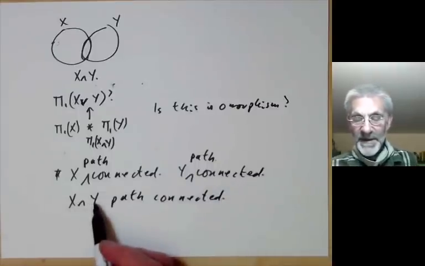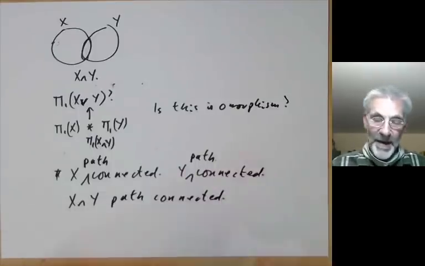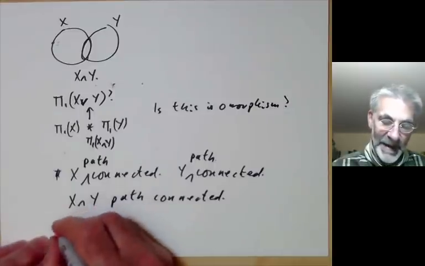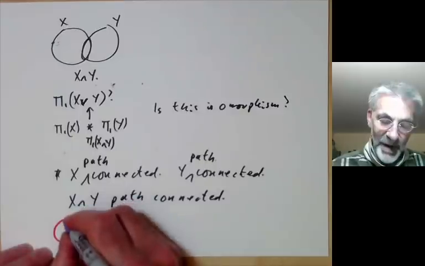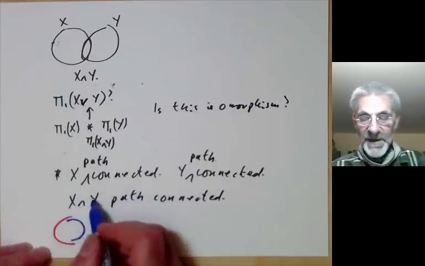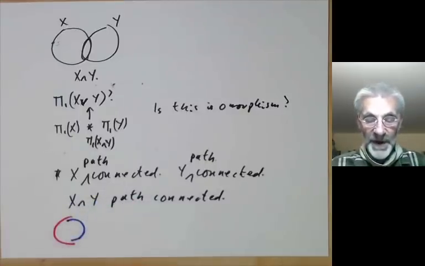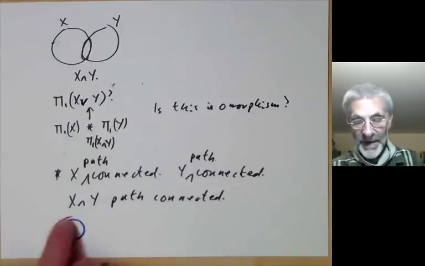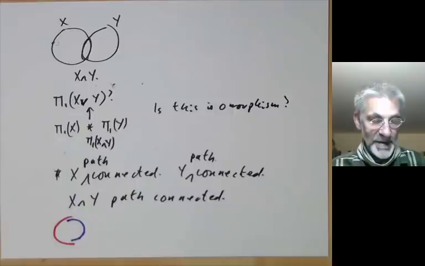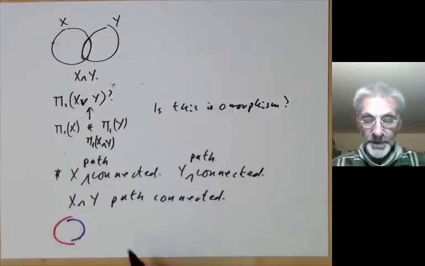If the intersection of X and Y isn't path connected, then you can get things like this. X might be a semicircle and Y might be the other half of a circle, and then X and Y both have trivial fundamental group, but the fundamental group of their union isn't trivial, and that's to do with the fact the intersection is not path connected.